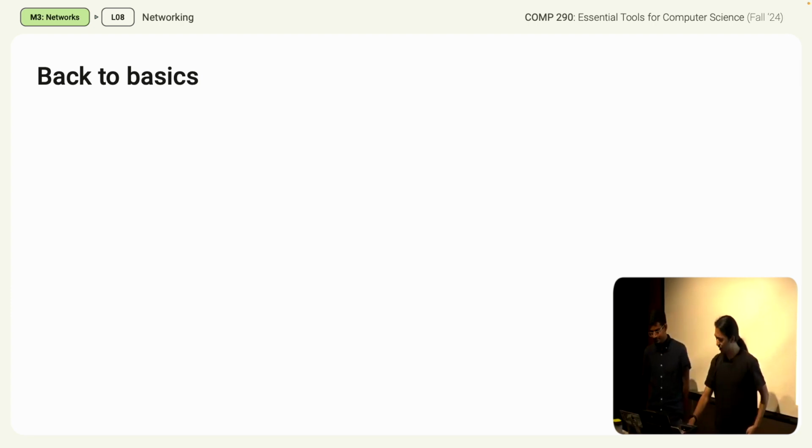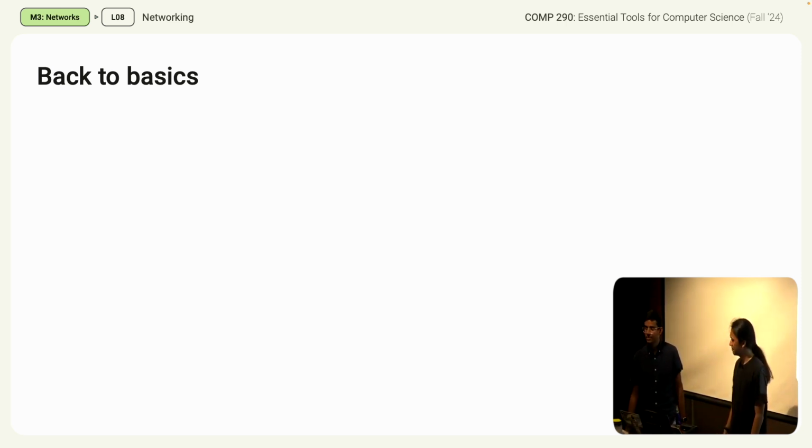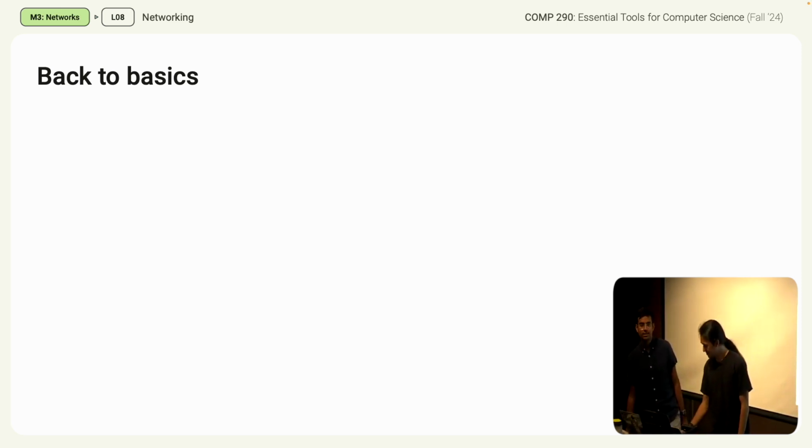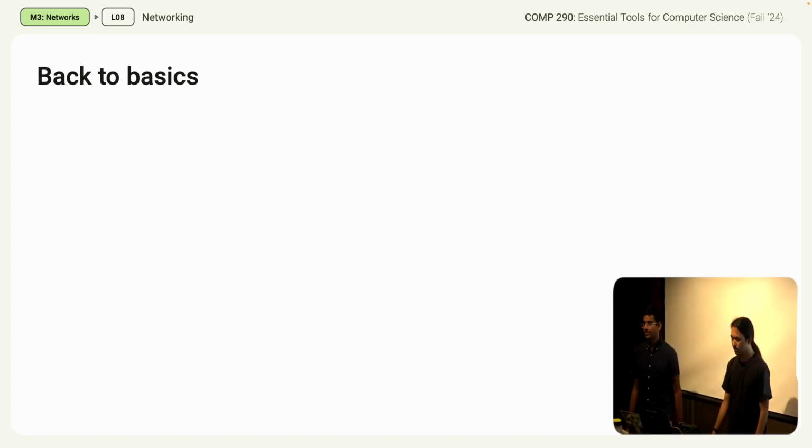So yeah, let's just go back to basics here. To think about networking, I think this is really helpful. Ajay mentioned that you visited this in your, was it computer science principles class? Yes, so I think if you had a chance to take the AP computer science principles class, they do briefly talk about this, but it's surprising because it's the only class that really does, because AP Computer Science A doesn't talk about it, and at UNC also only COMP 431, which we'll get to, really talks about this.